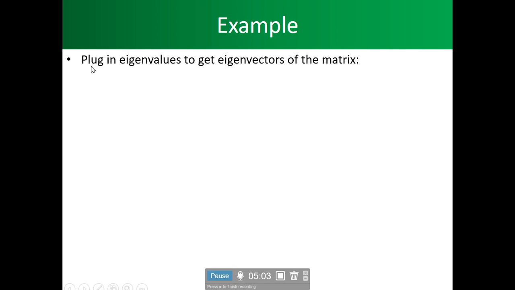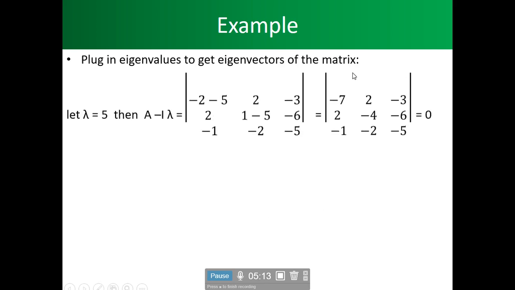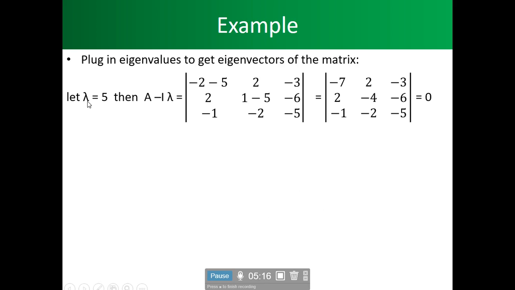Now we're plugging in the eigenvalues to get the eigenvectors of the matrix. Let's allow lambda to equal 5.